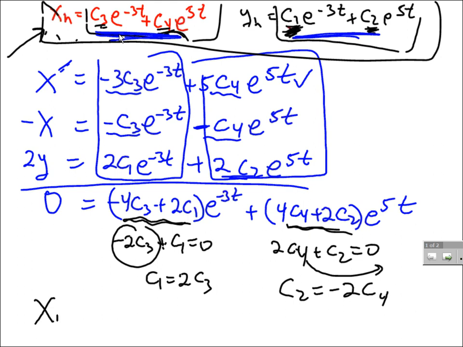x of t, excuse me, is c3 e to the negative 3t plus c4 e to the 5t.